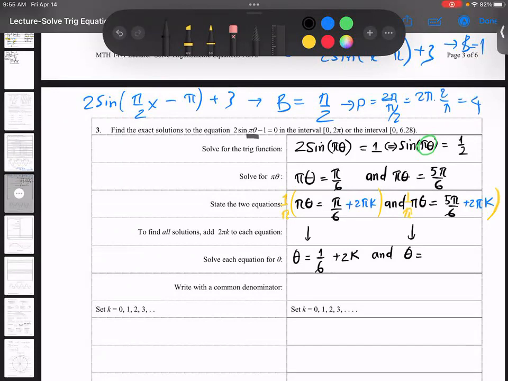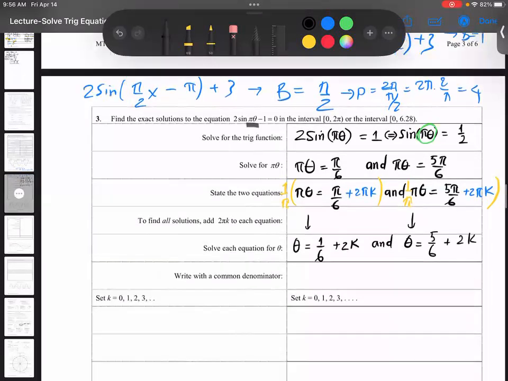Someone tell me what the right one equals? 5 over 6 plus 2k, right? That's just the general solution. I want the specific solution.